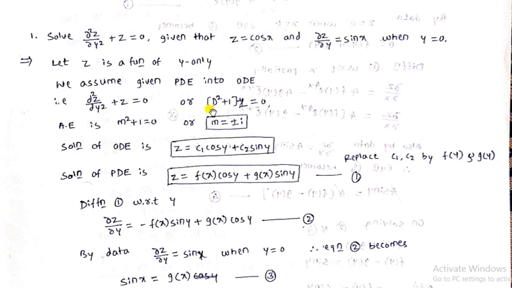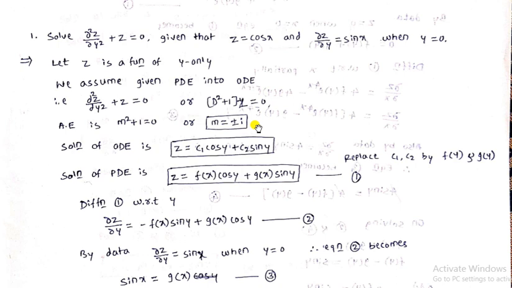Then write the auxiliary equation. Replace D by m, so it is m² + 1 = 0, and the roots of m² + 1: if you shift 1 to the right-hand side it becomes m² = -1, therefore m = ±i.